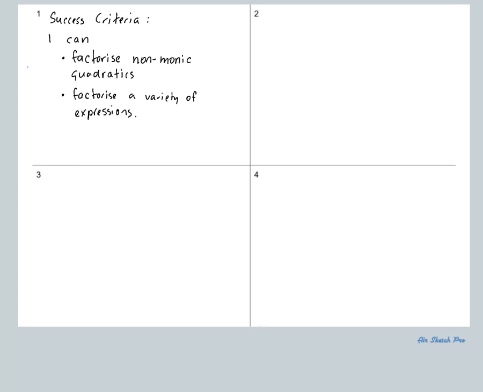So this is for your summary book now. I did warn you, this was just scratch space I was using before. Right, so factorizing non-monic quadratics.